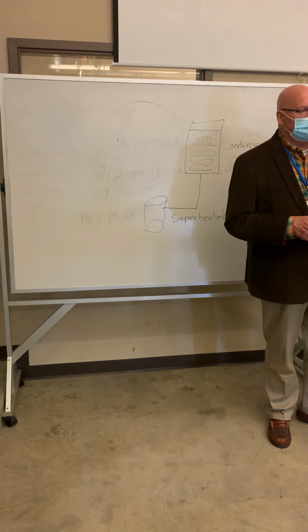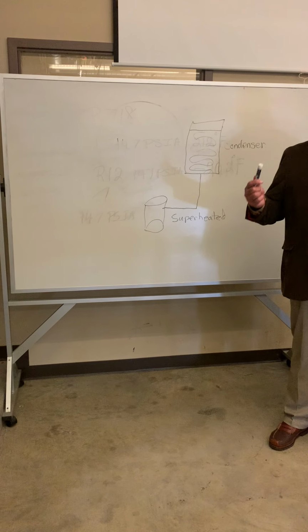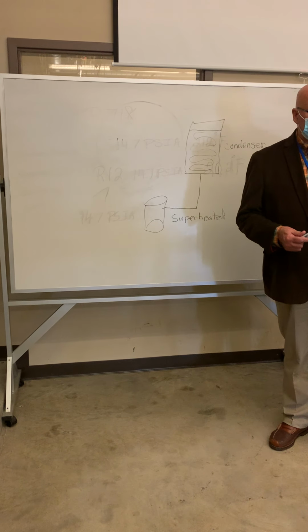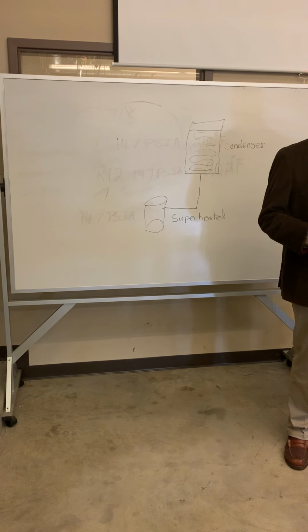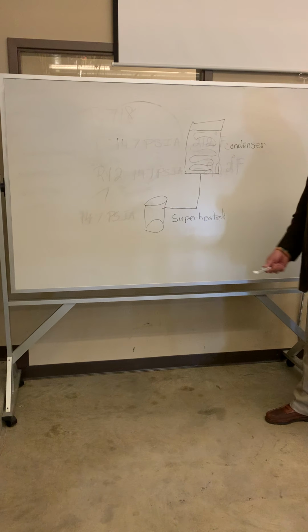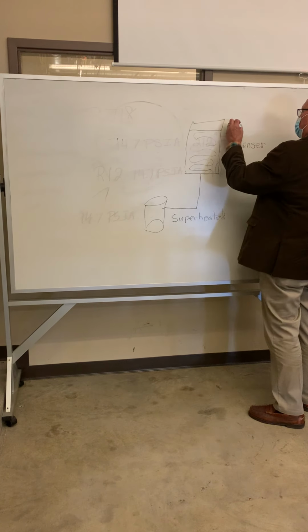Now, depending on the design, we're going to say that for this condenser, it gave off 10 degrees Fahrenheit of sensible heat. Remember, sensible heat. So that temperature intensity is going to be reduced by 10 degrees. That also has a name. It's not called superheat, it's called subcool.